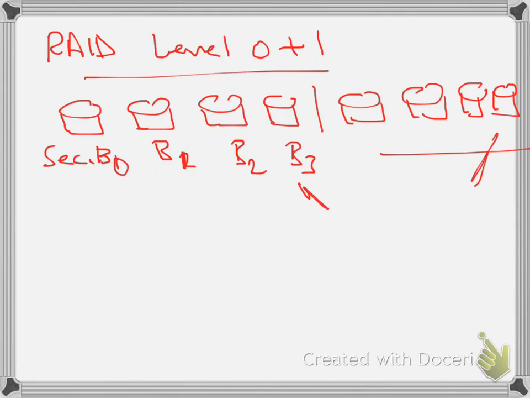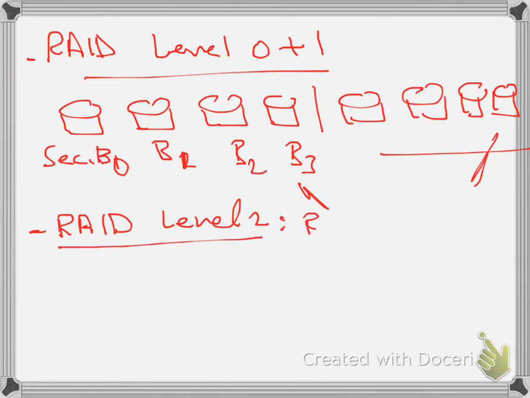They said, okay, let's go to another thing called RAID level 2. And in RAID level 2, or RAID 2, they said, okay, we will also have redundancy, but not via mirroring.